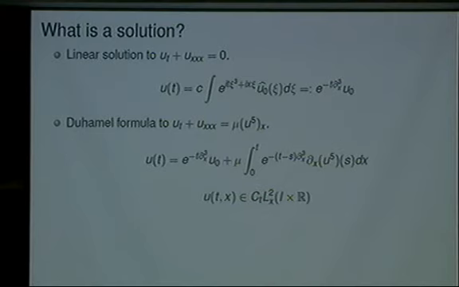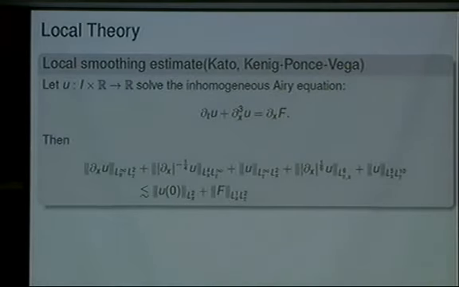Okay, so when you work on local well-posedness, we are seeing such a function. The local well-posedness theory was established about 17 years ago by Kenig-Ponce-Vega. And the main ingredient of the local theory is called the smoothing estimate.